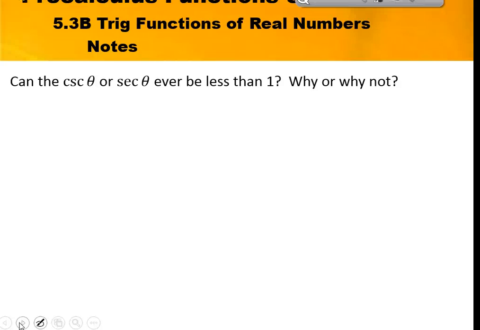And I remember that Nairi said that no, it couldn't be, because remember, sine is always opposite over hypotenuse, and since the hypotenuse is the longest side, the opposite over the hypotenuse is always going to give us something that is smaller than 1.